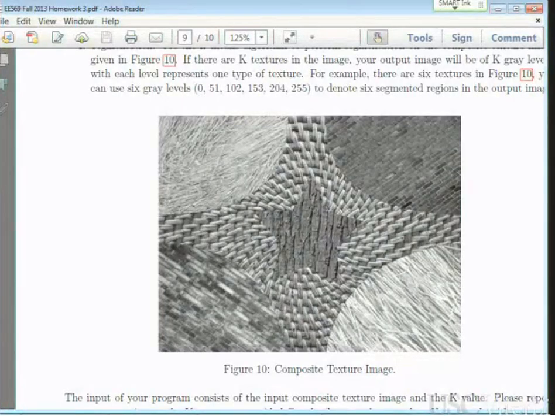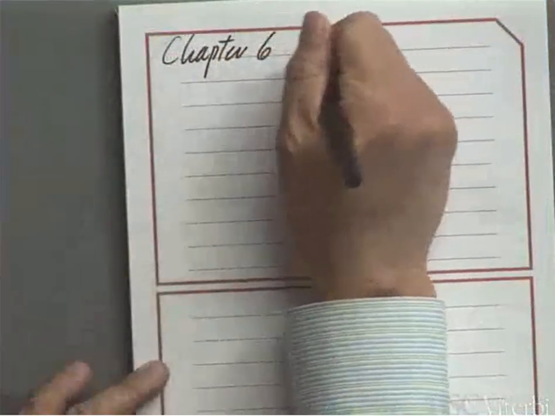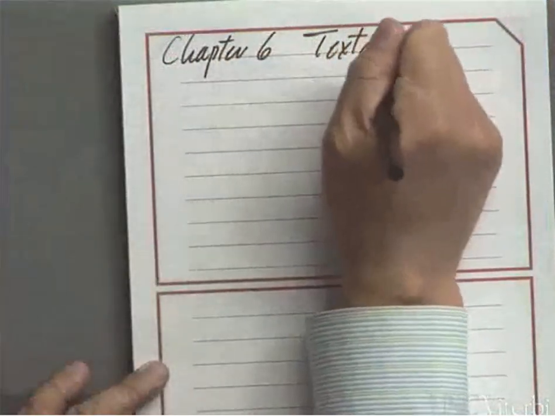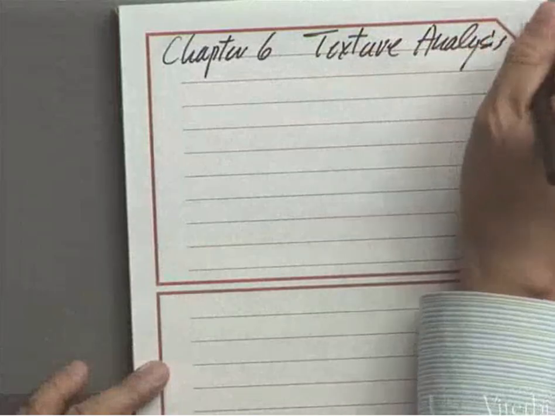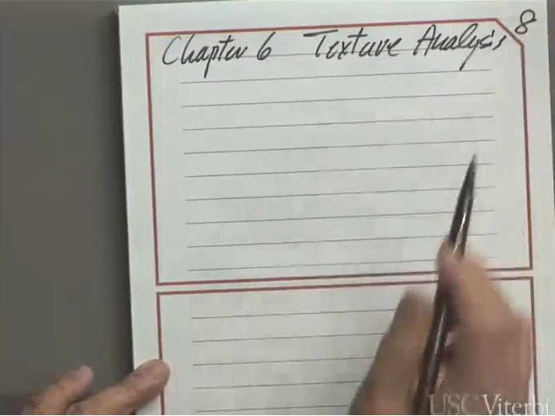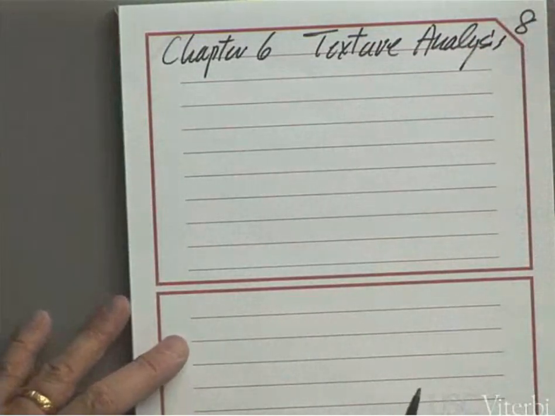Okay, so we will talk about the feature, texture. So it's chapter 6. Am I right? So texture analysis, we try to understand textures.